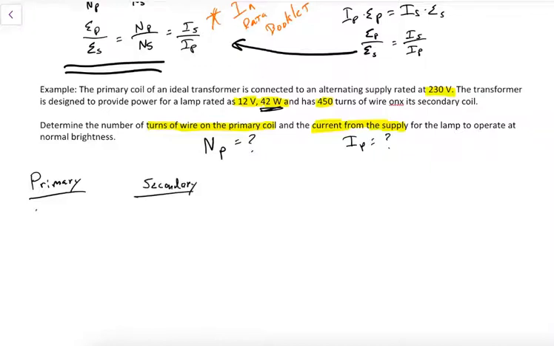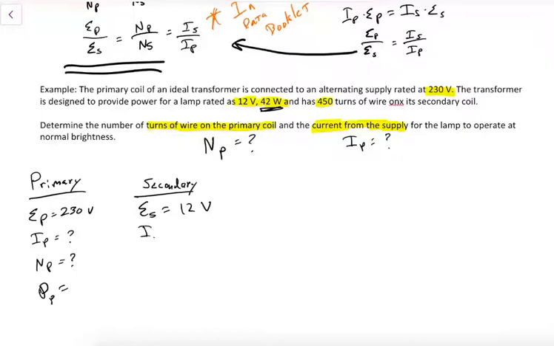So we have our E_P, that's 230 volts. Our I_P, which we need to solve for, and our N_P, which we need to solve for. And then there is a primary power, P_P, and we might not know what that is. Our secondary, we have an E_S, an EMF of 12 volts.